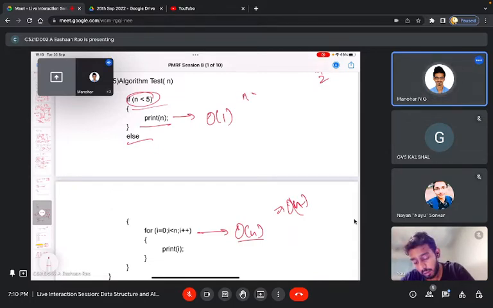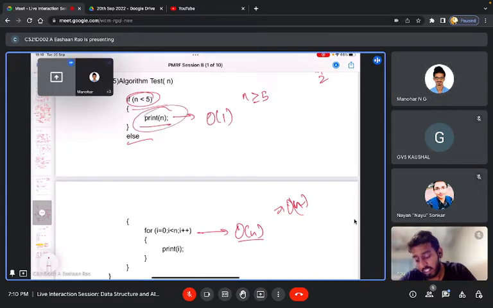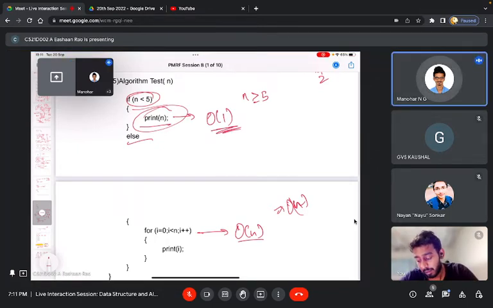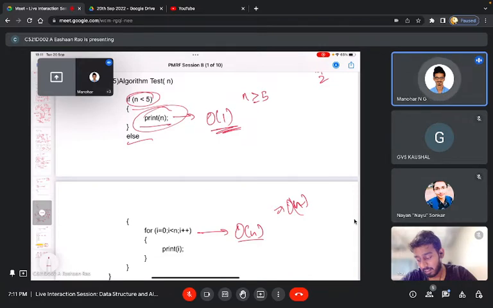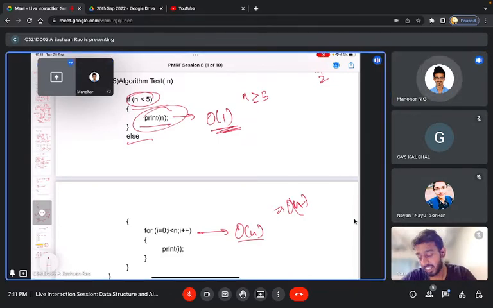In that case, only the order of 1 will satisfy in most of the cases. So the if statement by itself will take order of 1. Yes, the if statement will still take order of 1. Whatever happens inside is a different thing. Yes, but again we have to check whatever is inside.